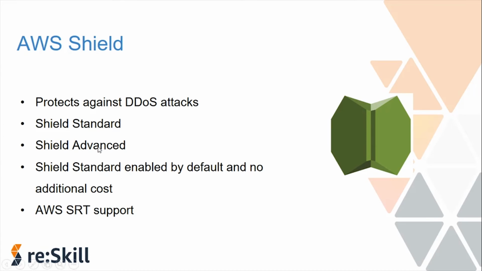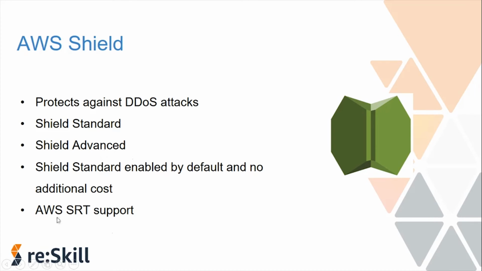It can also be integrated with other services such as Amazon CloudFront, Amazon Route 53, and Elastic Load Balancing. So just remember this point: Shield Standard is available to you by default and you don't have to pay anything for it. But if you want Shield Advanced, then of course there will be a cost associated with it.